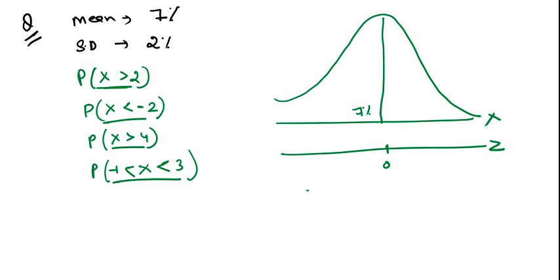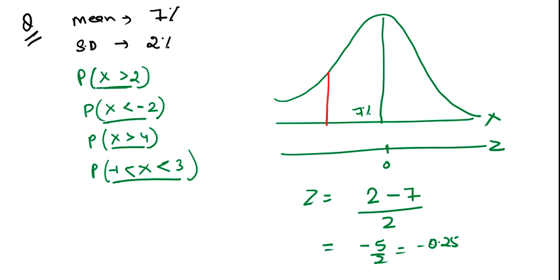Now let us calculate the value of z when x equals 2. So x minus mean divided by standard deviation. So it will be minus 5 by 2, that is minus 2.5. So when my x is equal to 2, my z is equal to minus 2.5.